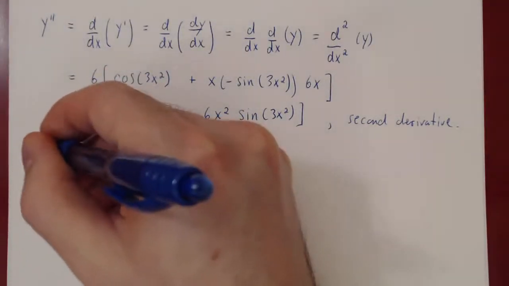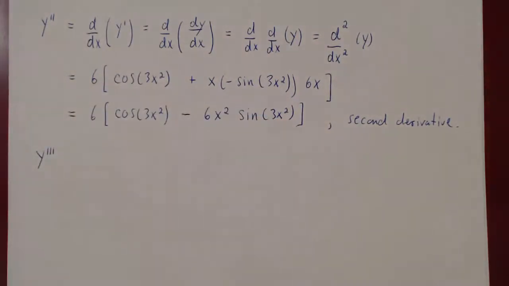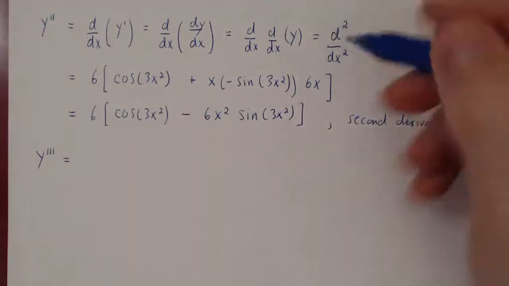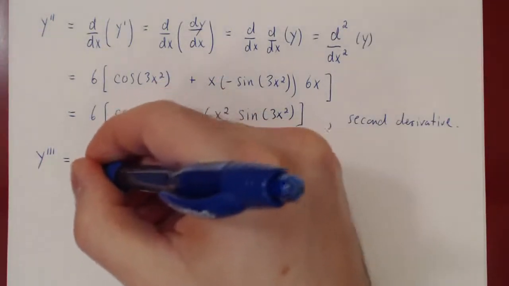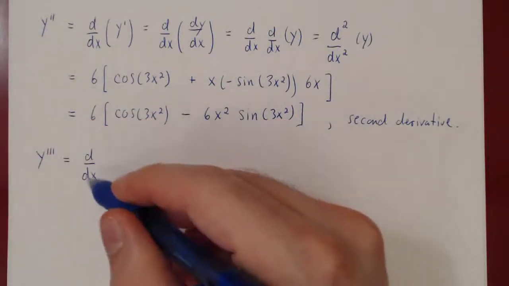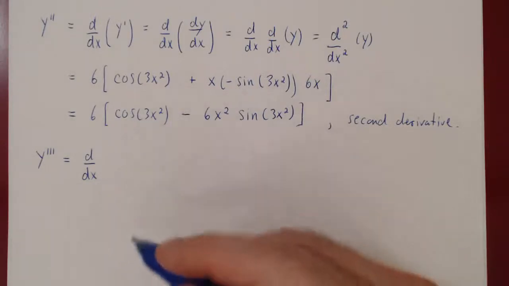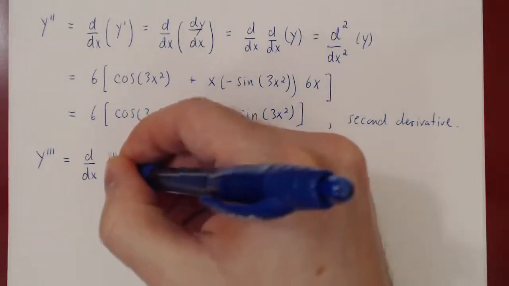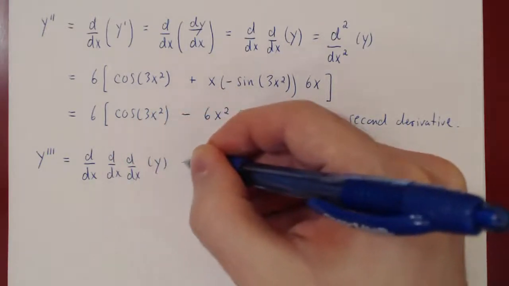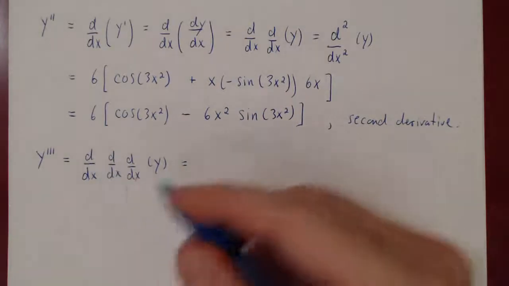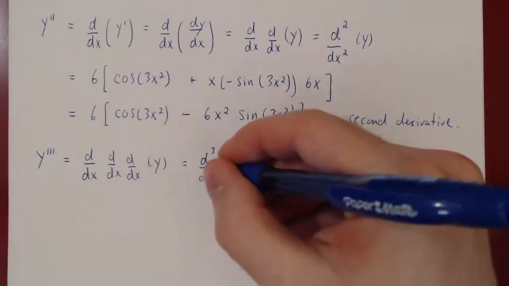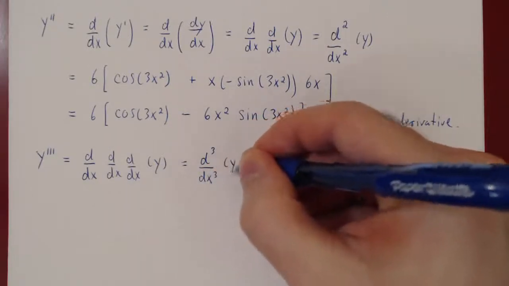Let's do it one more time so we can write y triple prime, which we can also write using this notation as we differentiate, so d over dx, three times we'll have d over dx, d over dx, d over dx of y, which we can write more concisely as d cubed over dx cubed of y.